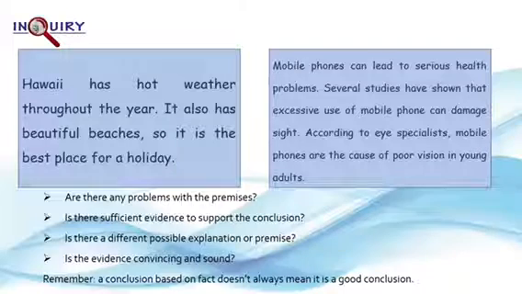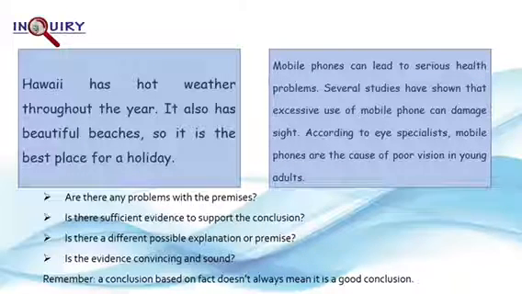Now, the person has given some pieces of evidence like the studies or like what specialists have said. Are these enough pieces of evidence to support the conclusion that the writer has made? We should evaluate this.